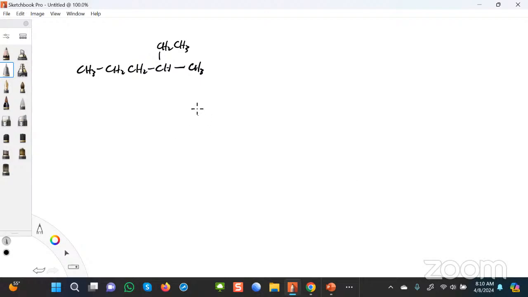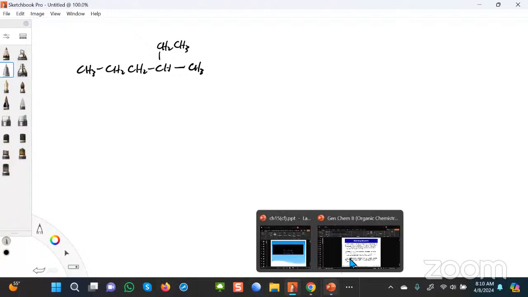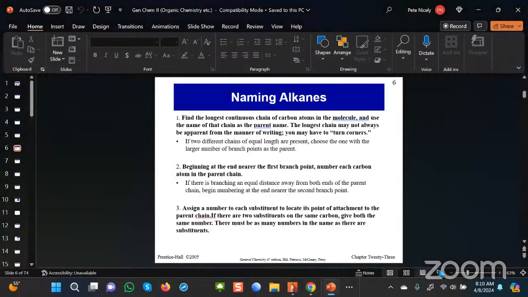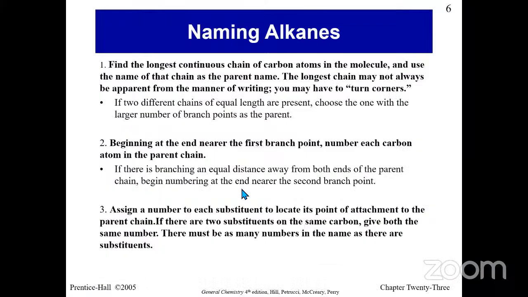Okay, so according to the first rule, for the young lady who just walked in, I'm just going to briefly explain what I'm doing here. Basically, what I'll be doing is teaching you guys how to name alkanes according to the International Union of Pure and Applied Chemistry rules, right? So we just started the first rule. So let me just quickly say what the first rule is.